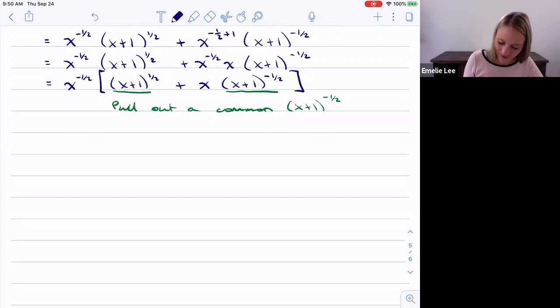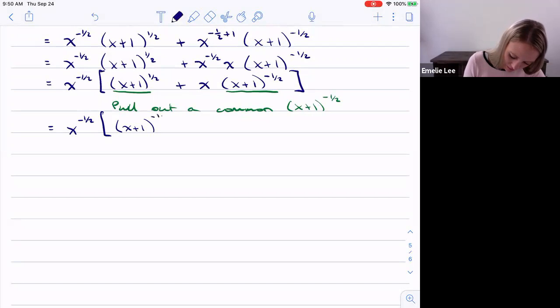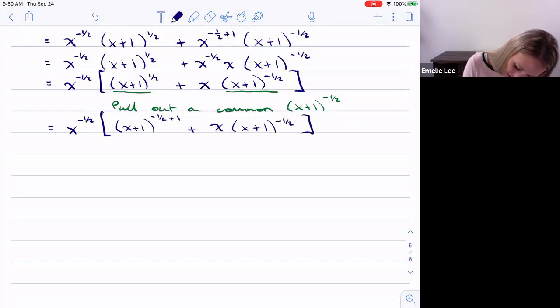So if I pull out a common x plus 1 to the negative 1/2, then I've got x to the negative 1/2 that I've already pulled out. I'm going to deal with the inside of these brackets here. So x plus 1 to the negative 1/2 plus 1, that's the one I need to change, plus x times x plus 1 to the negative 1/2.